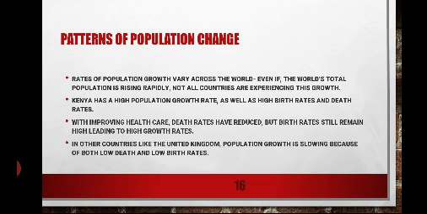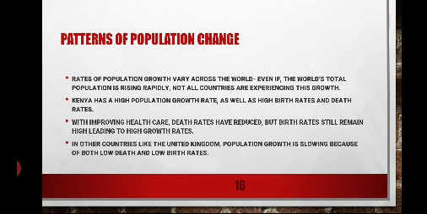For example, Kenya has a very high population growth rate, as well as high birth rates and death rates also. With improvement of healthcare and education facilities, death rates have reduced, but birth rates are still the same. So what will happen?